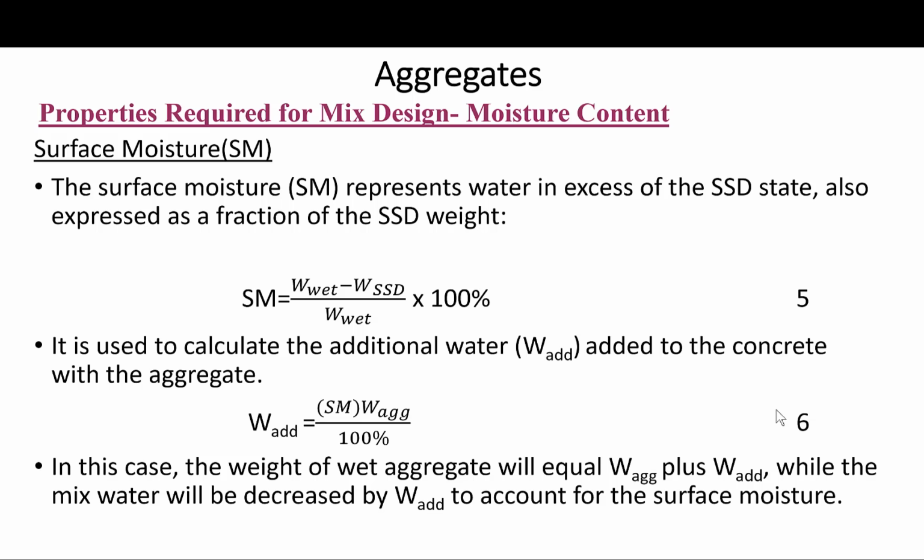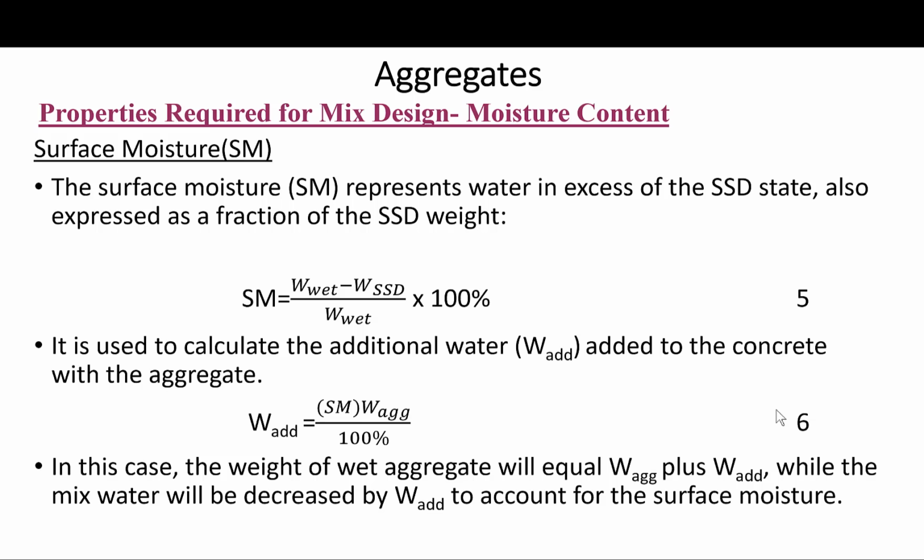So equations number 3 through number 6 can be put in general terms, since both the AD, the air dry weight, and the wet states represent basically the possible conditions of the stockpiled aggregate.